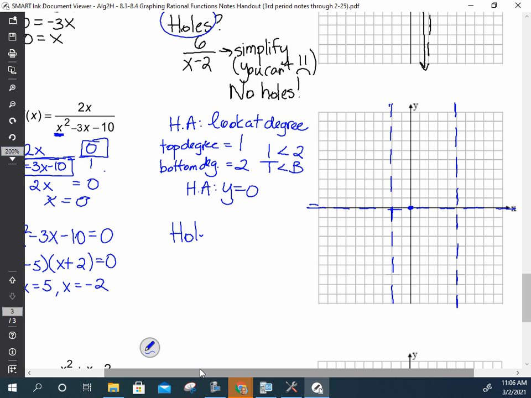So the last part before we go to our calculator are the holes. Just like Sheldon said, you only look at the fraction for the holes. So we take this fraction and we simplify it. The top is not going to simplify anymore. The bottom, we already factored.